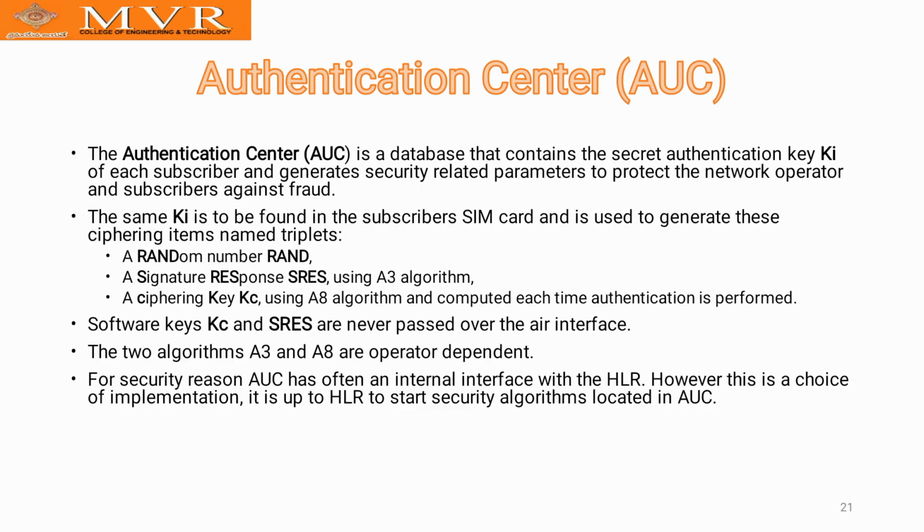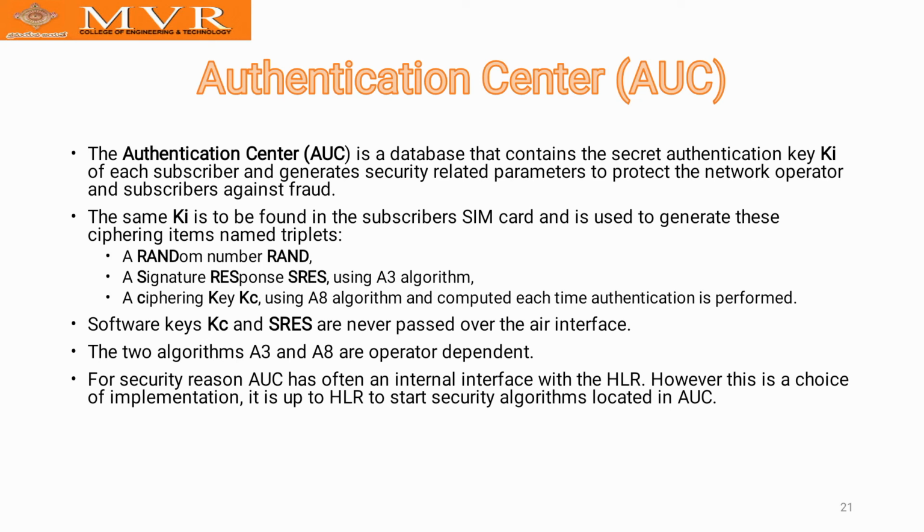The authentication center is the database and contains the secret authentication key, that is Ki, of each subscriber and generates security related parameters to protect the network operator and subscriber against fraud. The same Ki is used to found the subscriber SIM card and is used to generate these ciphering items named triplets.